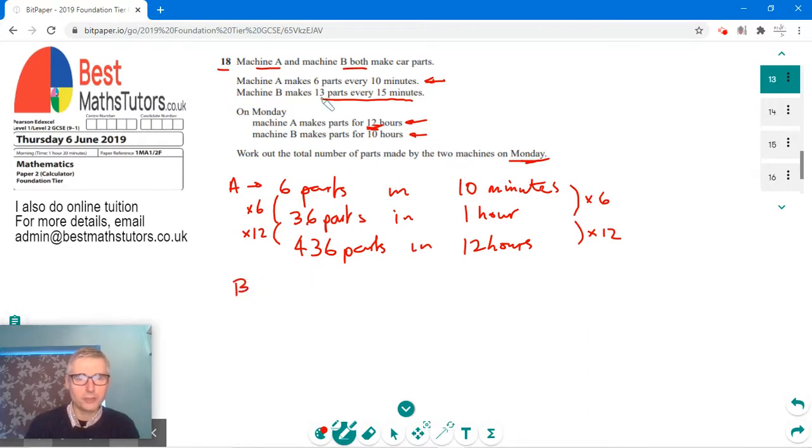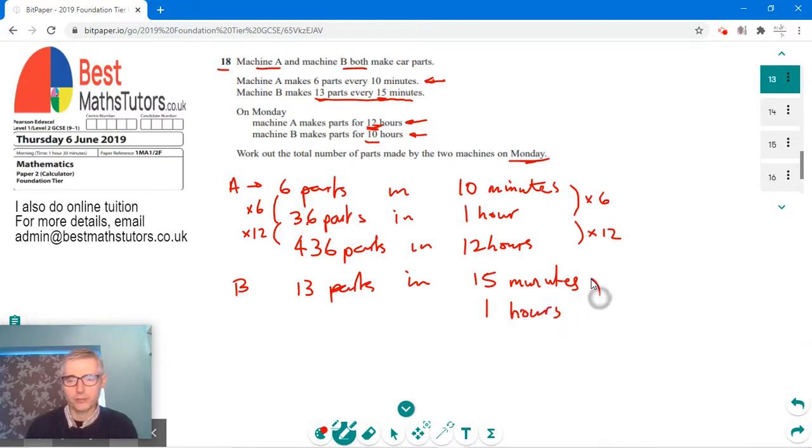So machine B, we can see we've got 13 parts in 15 minutes. Again, we want to scale that up to 10 hours, but first we need to find out how many parts we're going to make in 1 hour.